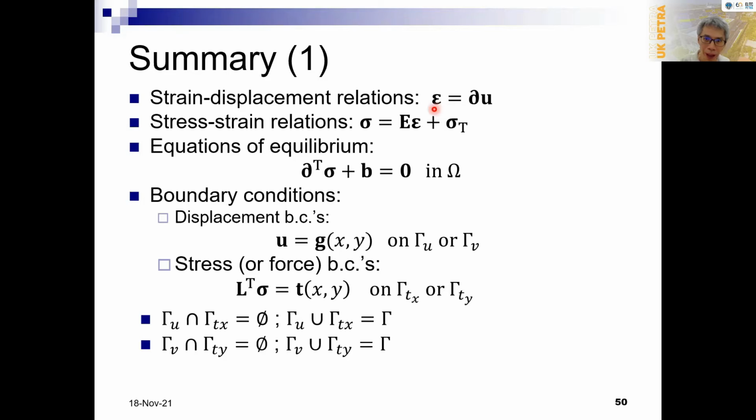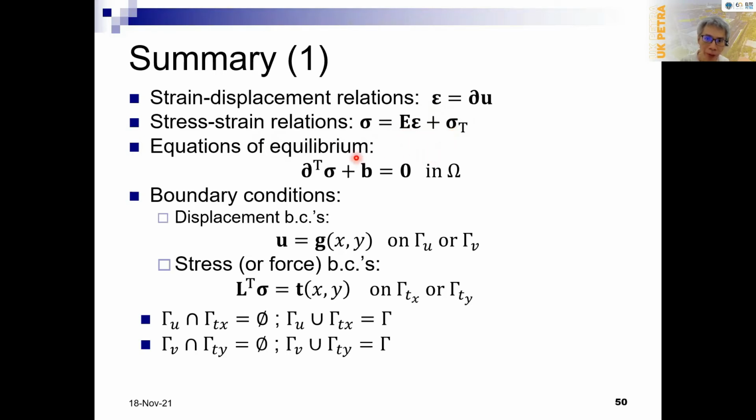If we know the strain and also the material properties, we can calculate the stress using constitutive equations. If there is a pressure effect, we add sigma T, the kind of initial stress due to the pressure effect. These equations depend on whether the model is plane stress or plane strain. That is, the matrix E is different.